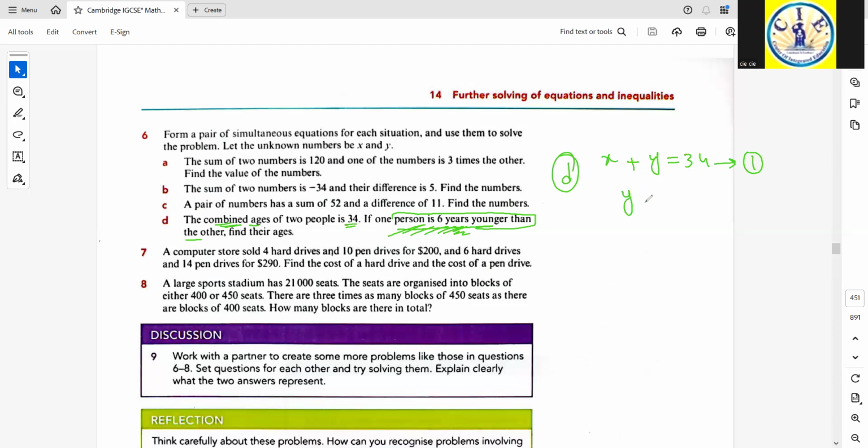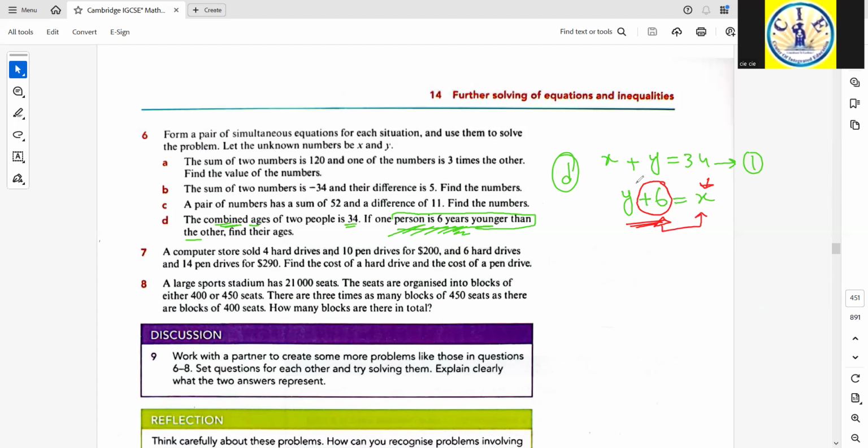let the person having age y be written like this. This means that the person with age y is 6 years younger than the person with age x, because when you add 6 more years to the age of person y, the age of that person would become equal to the age of the person x.